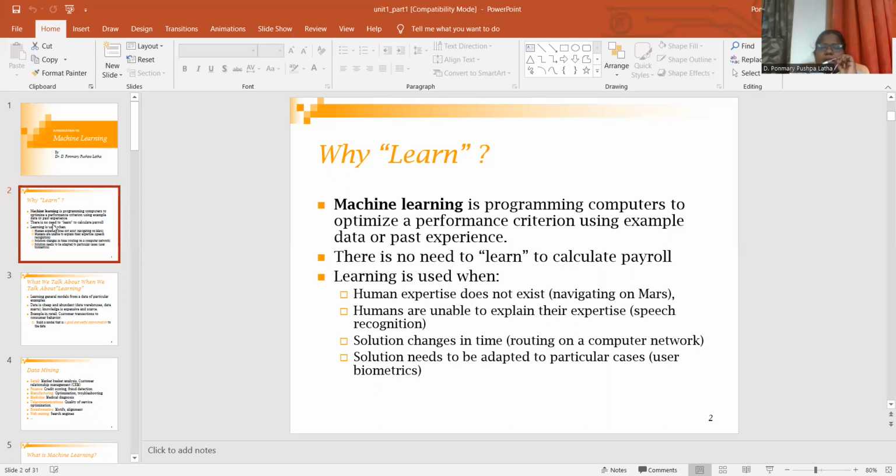When human expertise does not exist, you can use machine learning. Similarly, humans are unable to explain their expertise, such as in speech recognition, so you can go with machine learning. To find the routing, you can also go with machine learning.